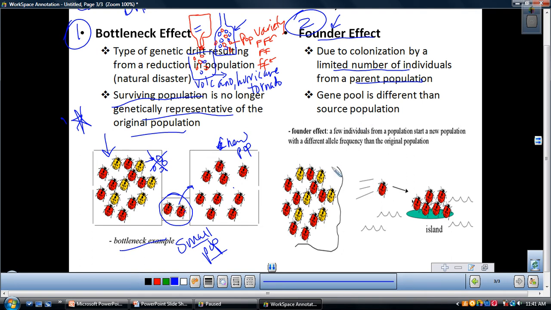Well, if they decided to get up and move to a remote island, and this could be anybody, it doesn't have to be Amish, but let's say this was your original group of members, and some of these decided to go colonize a new location. So a group of them came over here. Well, if there was a certain allele that was common among a few of these, and it was represented in a couple of these, and they reproduced, you might see the frequency of that allele explode in this smaller population.